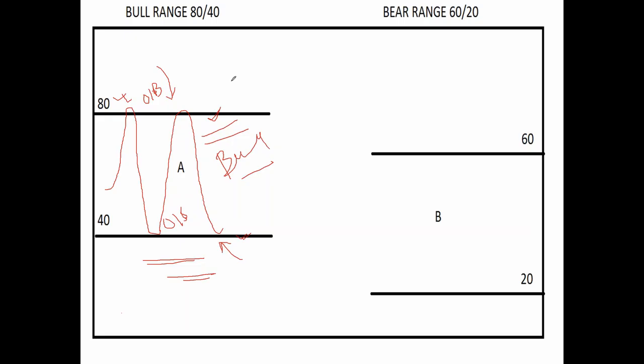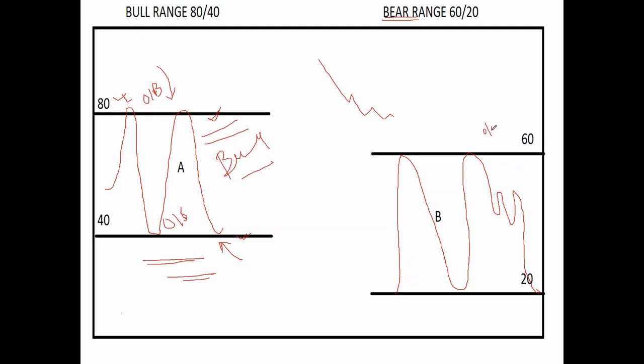Similarly, what happens when the market is in a downtrend and the RSI is oscillating between 60 and 20? That means the market has been gripped by the bears, and we are following 60 as an overbought level and 20 as an oversold level in the bear market.